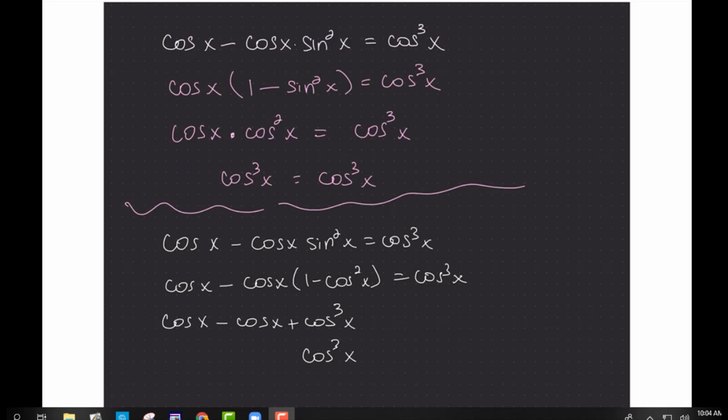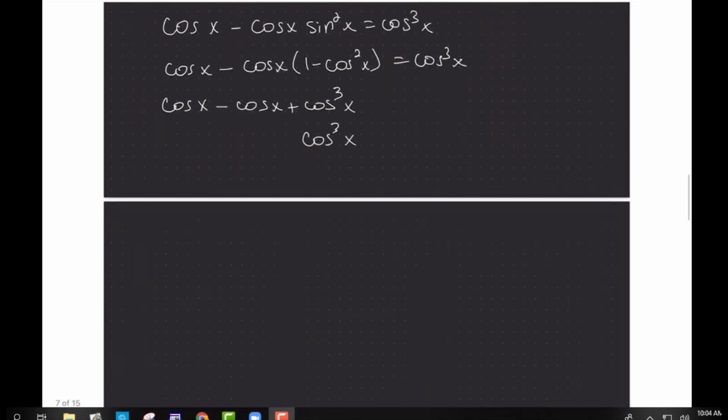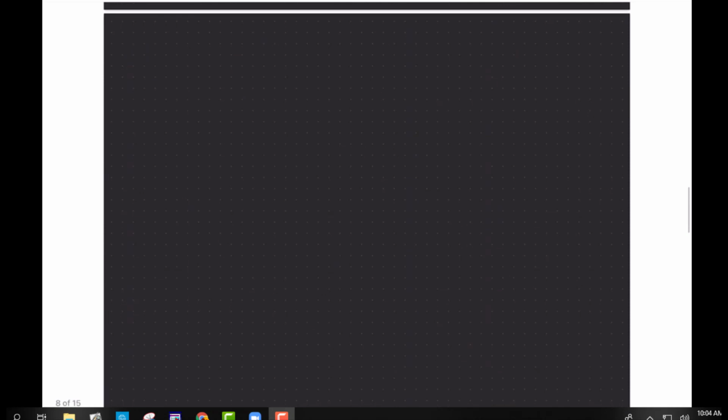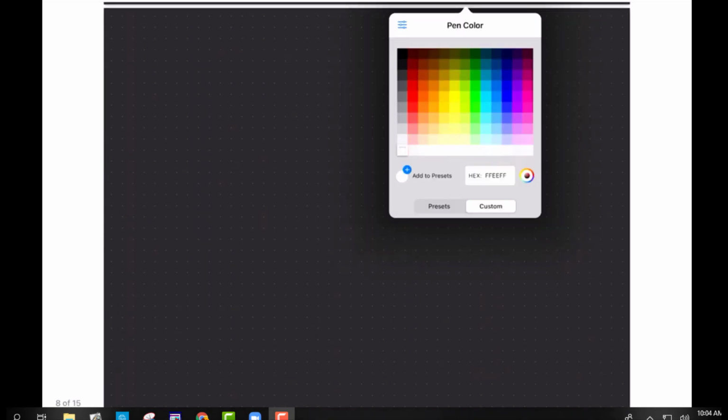Want to try one more? Give you one more little craziness. What if we had, they can either use x's or thetas. It means like the same thing when it comes to doing these identities.